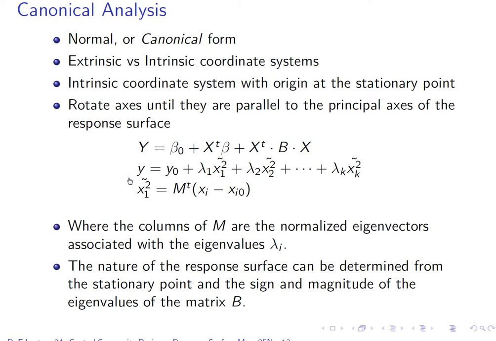So the full model of the first order terms plus the complete set of second order terms would be very, very large. This is just a representation as an example where these are intrinsic values of the response variable, intrinsic values of the factor values, and the intrinsic values of the regression coefficients turn out to be eigenvalues.